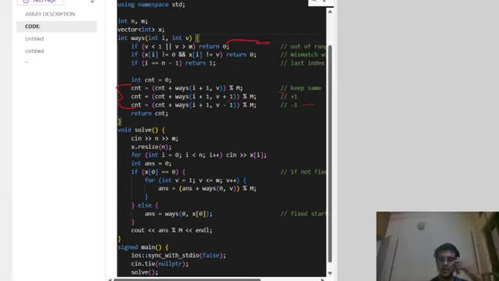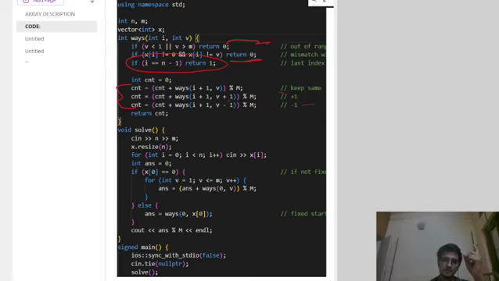Now if at that position the value is not known to us, and it is not under the range 1 to m, then also it is a mismatch. And suppose we have reached the last index, that is n minus 1, so we are left with one choice only, that's why we are returning 1.